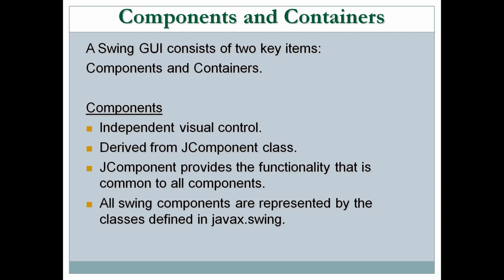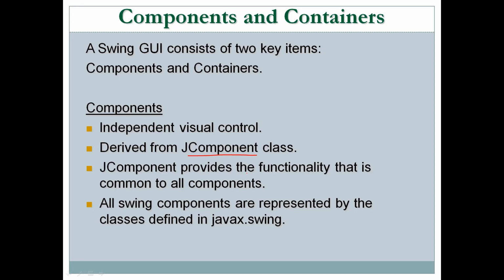The components in Java Swing are derived from the JComponent class. Most of the Java Swing components are derived from the JComponent class. That means this JComponent class is the superclass of, not all, but most of the Java Swing components.